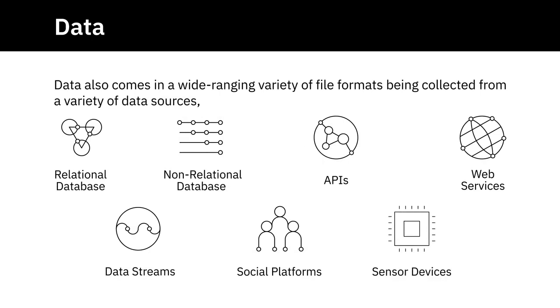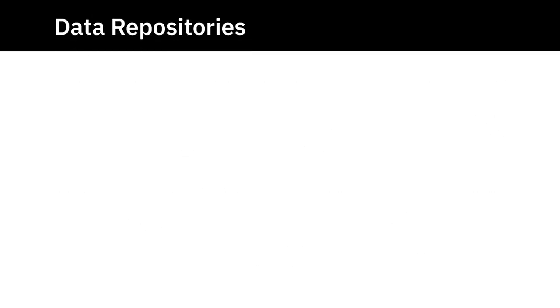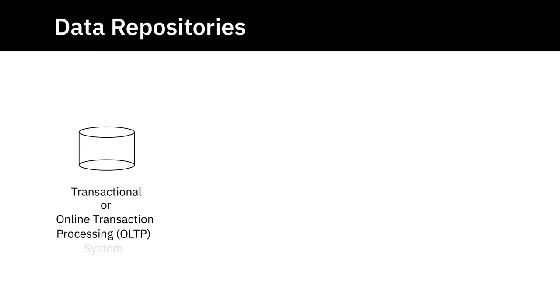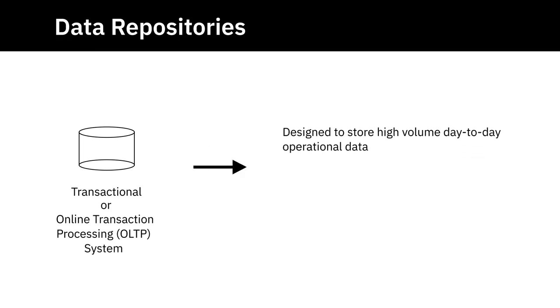A data engineer's ecosystem also includes data repositories. There are two main types of data repositories: transactional and analytical. Transactional systems, also known as online transaction processing or OLTP systems, are designed to store high-volume day-to-day operational data, such as online banking transactions, ATM transactions, and airline bookings. While OLTP databases are typically relational, they can also be non-relational.